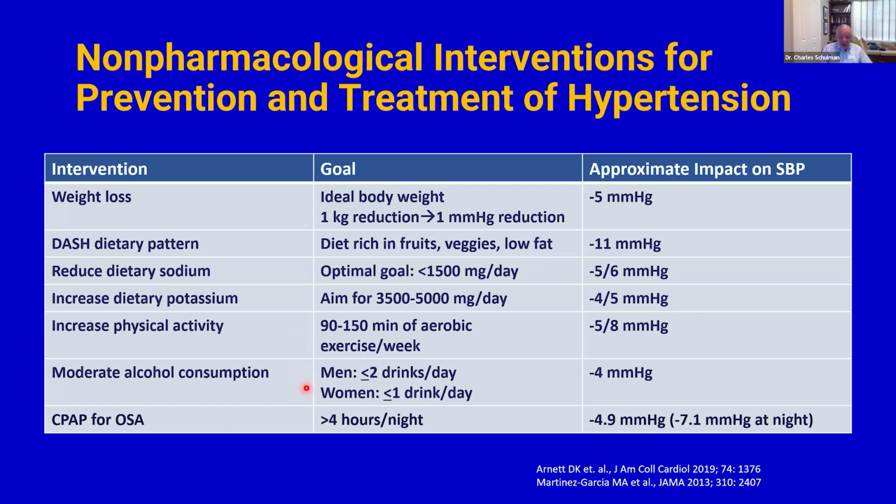Moderate your alcohol consumption. If you ingest more than 2 drinks a day, it's harder to control blood pressure. You need to emphasize that to people. And then it's been shown that people with sleep apnea who wear their CPAPs for more than 4 hours a night had a significant blood pressure reduction, especially at night.